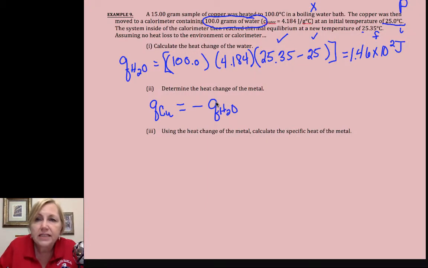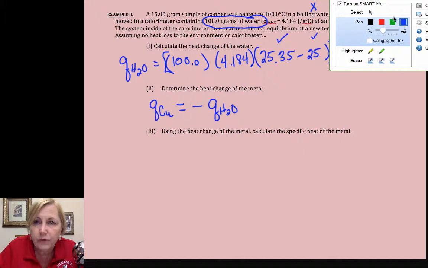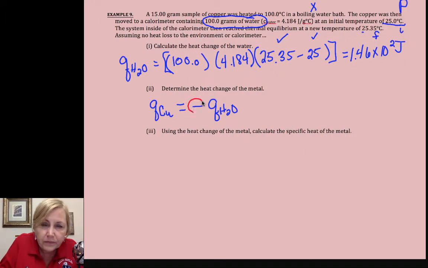Now, that's not telling you that one of these is exothermic and one of these is endothermic. All I'm doing here is saying it's equal in magnitude but opposite in sign. All that's going to do is change the sign. And so in this case, that means that the copper is minus 1.46 times 10 squared joules.